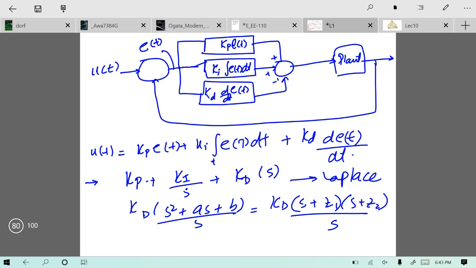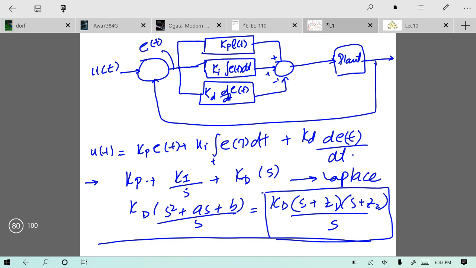The thing to observe is, just ignore what I have done with the constants, because let's suppose Kp, Ki, and Kd are constants. I have taken a constant out, and the constants over here will automatically settle.